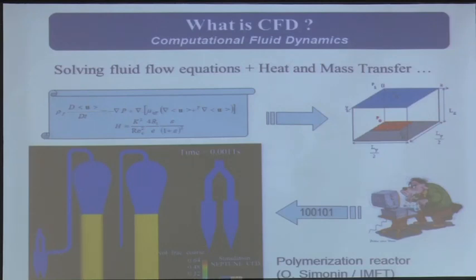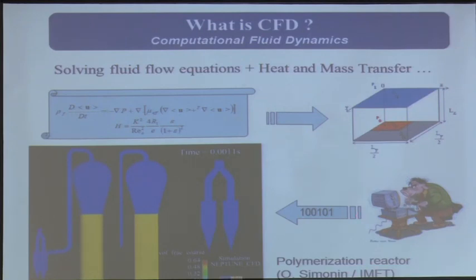As a summary, what is CFD? You want to solve a problem of fluid mechanics. So you have your equations. You are going to mesh the domain, so you are going to discretize the space and time into small cubes, into small time steps. Then you are going to code this algorithm, this set of discretized, algebraic equations.